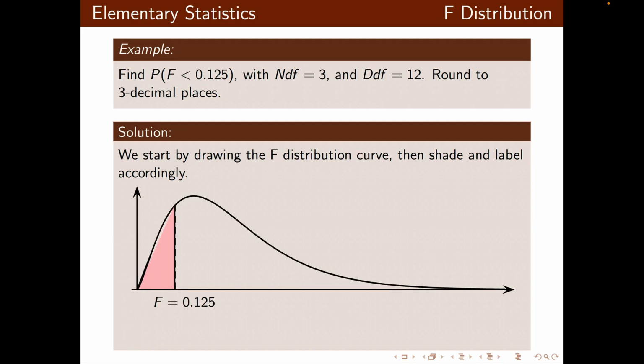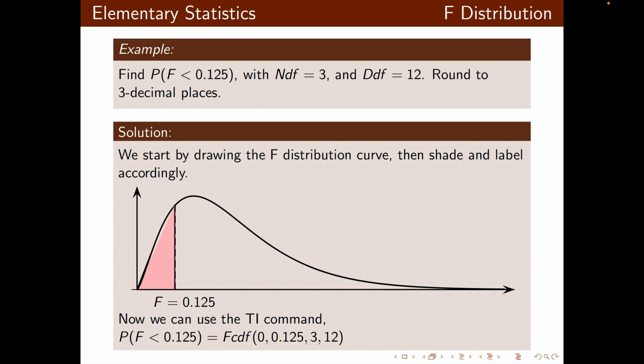Now we're going to use the TI command FCDF. Lower would be 0, upper would be 0.125, with a 3 and 12 for the numerator and denominator degrees of freedom. And that area is 0.056, and the area for us will be the probability.